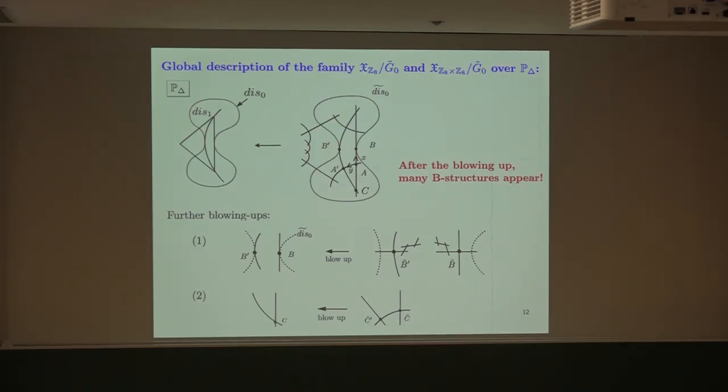This part is very detailed, so I just want to tell you the entire picture. After blowing up, everything is a normal crossing boundary divisor, and we focus on B and B tilde, C and C tilde, and here A and A prime.